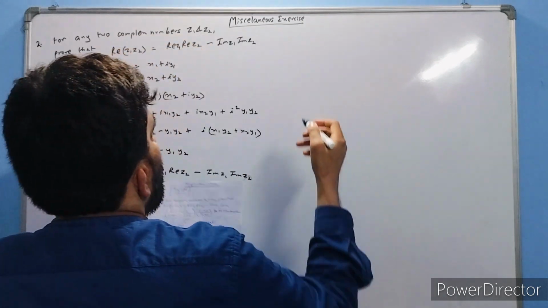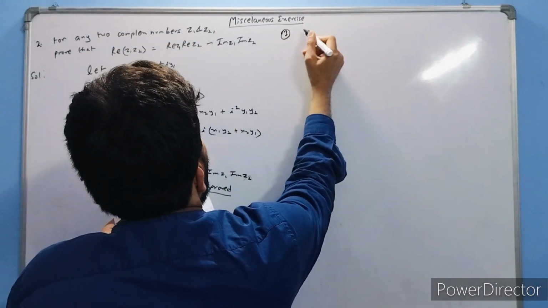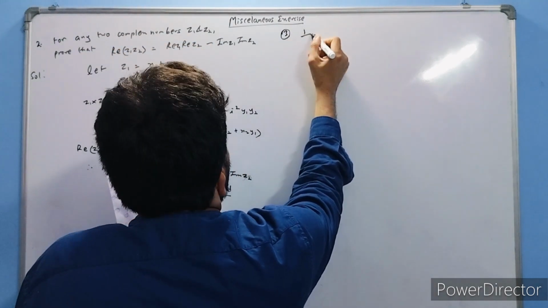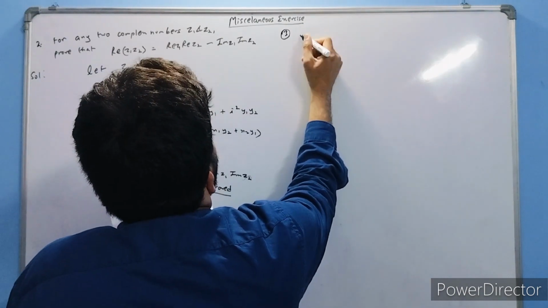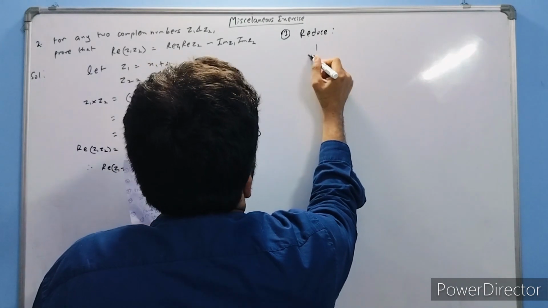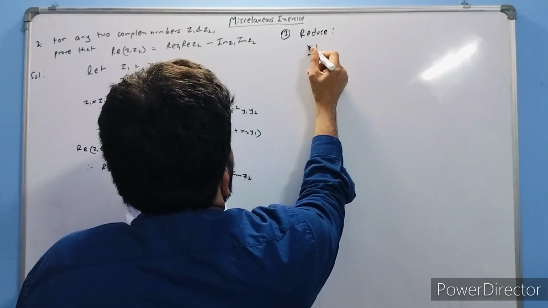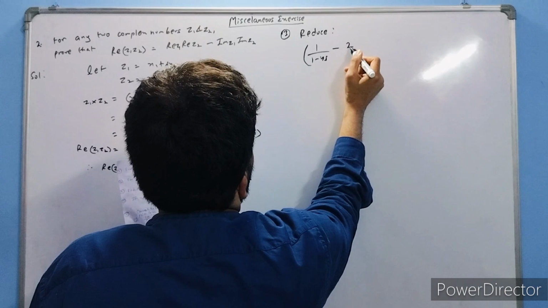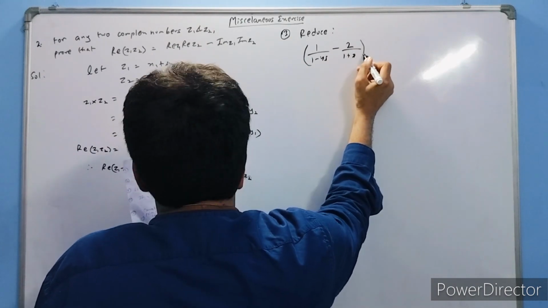They have given here the third question. We need to reduce what they have given, 1 minus 4i minus 2 upon 1 plus i.